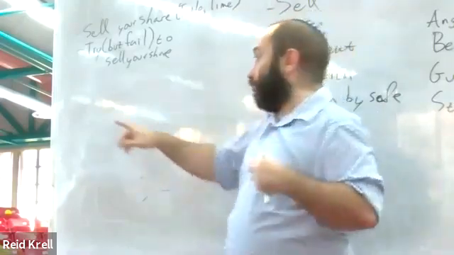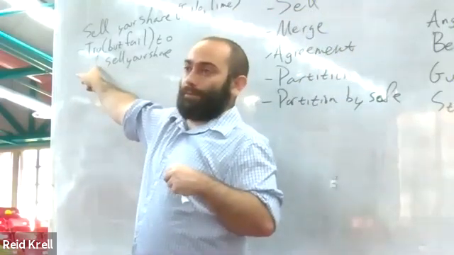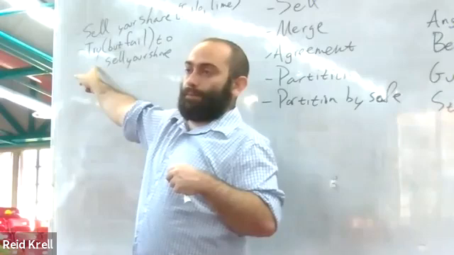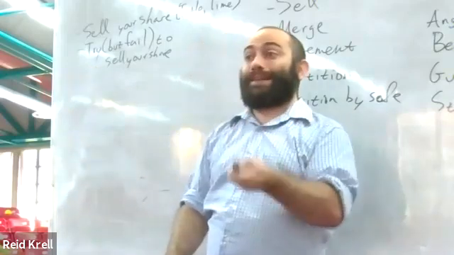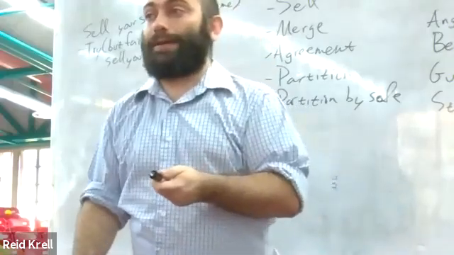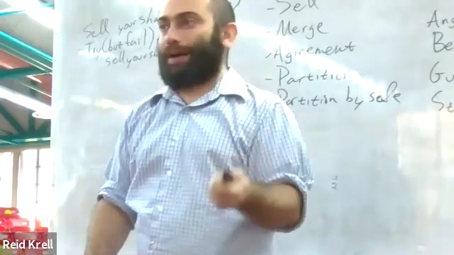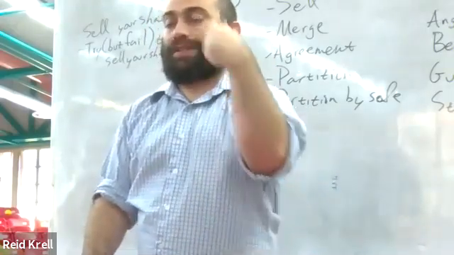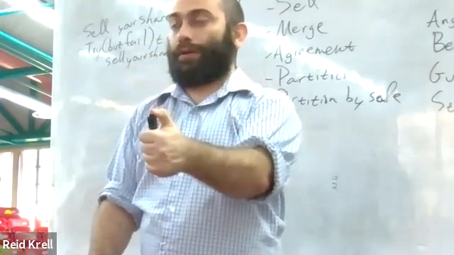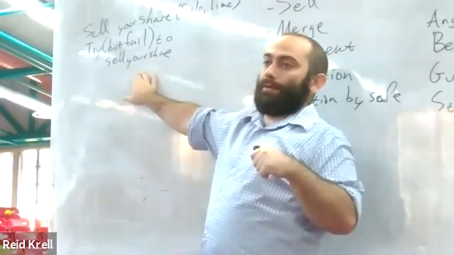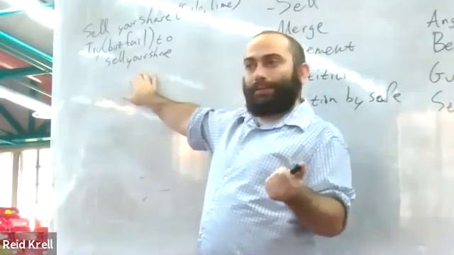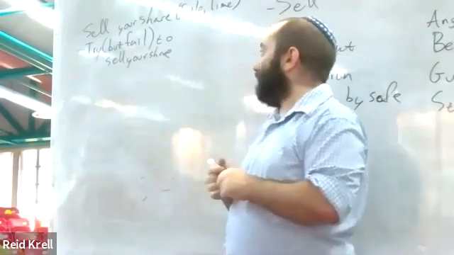But the trying is the key piece here. So what does the trying say? In essence, it's saying I intended to sell this. So just as with a contract to sell, you have expressed an intention to sell your share. And so we're going to say that equitably, you've sold it. Okay.